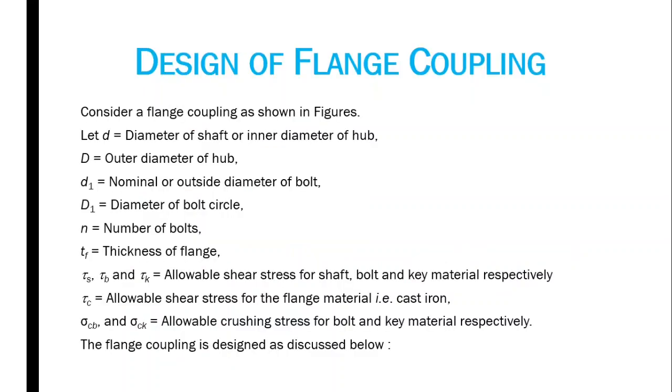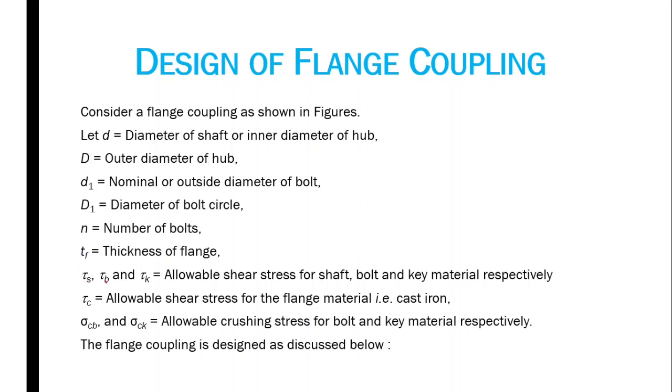While designing the flange coupling, we must know this terminology. Small d is equal to the diameter of the shaft or inner diameter of the hub. Then capital D is the outer diameter of the hub. d1 is the nominal or outside diameter of the bolt, and capital D1 is the diameter of the bolt circle, and n is the number of holes. Tf is the thickness of the flange.